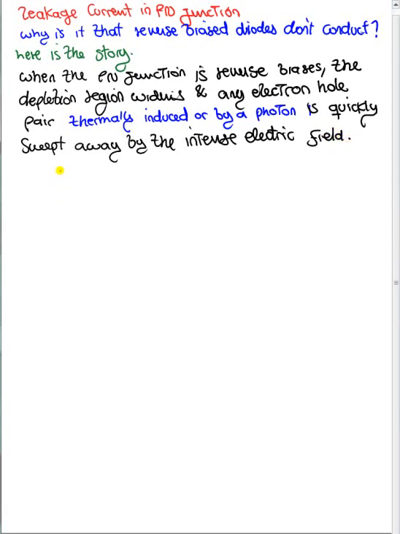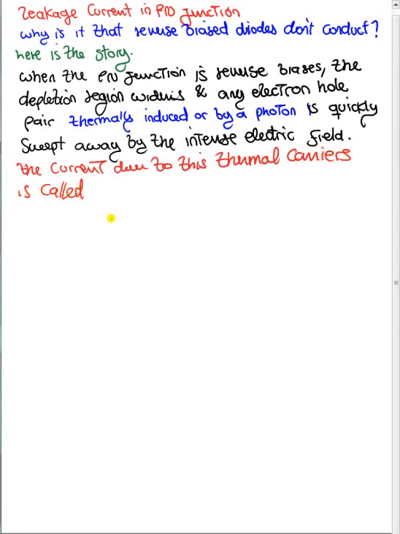The current due to these thermal carriers is what is called leakage current. So that's where it comes from, and it becomes, in this case, the drift current.